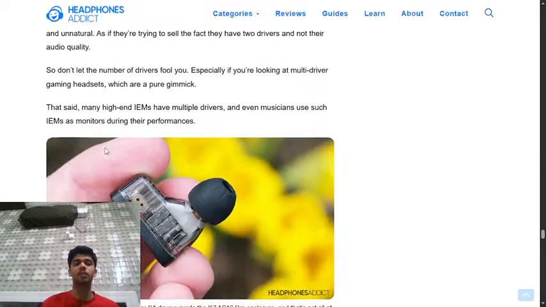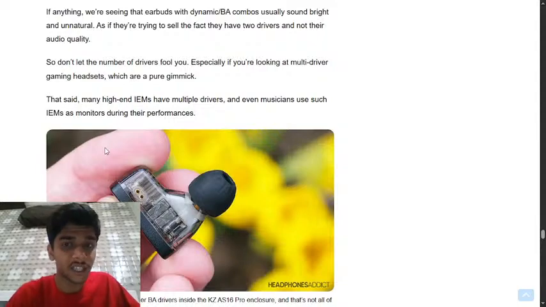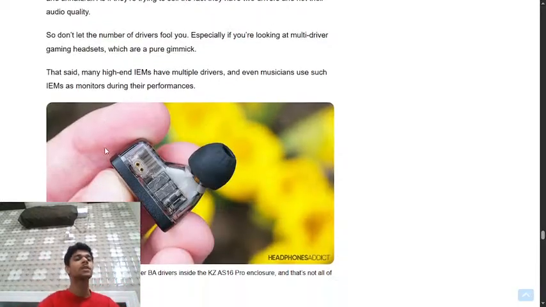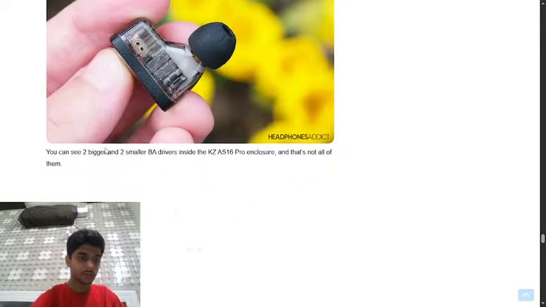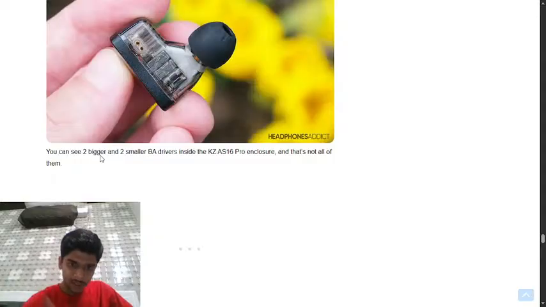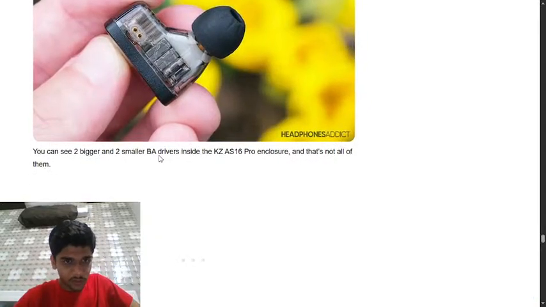So don't let the number of drivers fool you, especially if you are looking at multi-driver gaming headsets, which are pure gimmick. That said, many high-end IEMs have multiple drivers, and even musicians use such IEMs as monitors during their performances. You can see two bigger and two smaller BA drivers inside, and that's not always fine.